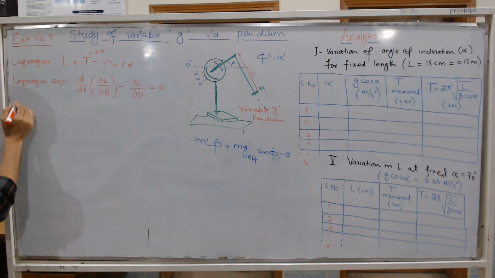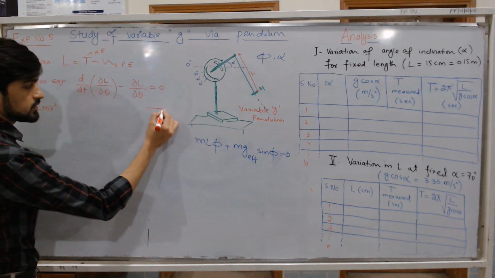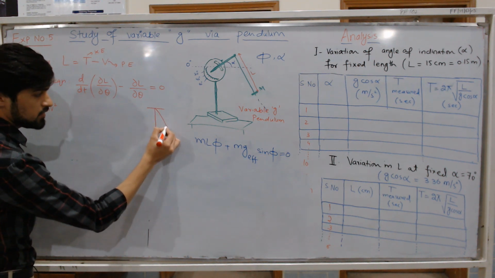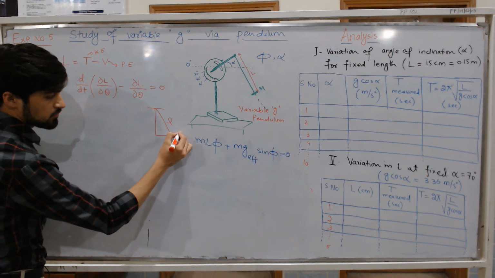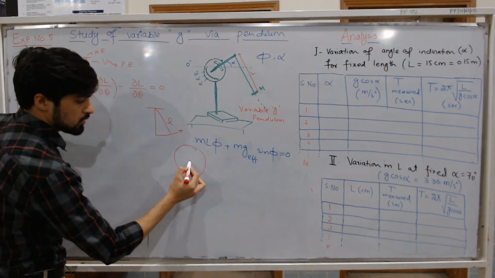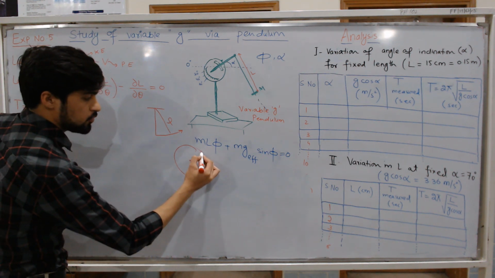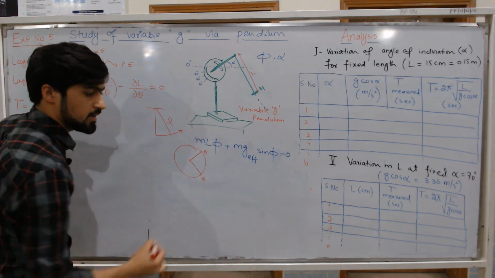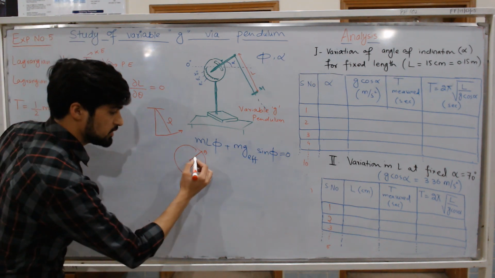T is the kinetic energy, which is half mv square. Now in the simple pendulum case, consider a circle, where I select the point A and move from point A to point B. If you want to understand the radian, you can check my playlist and you will find what a radian is.